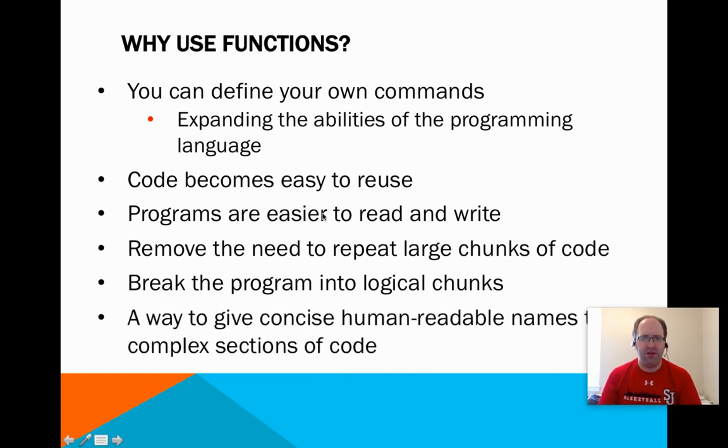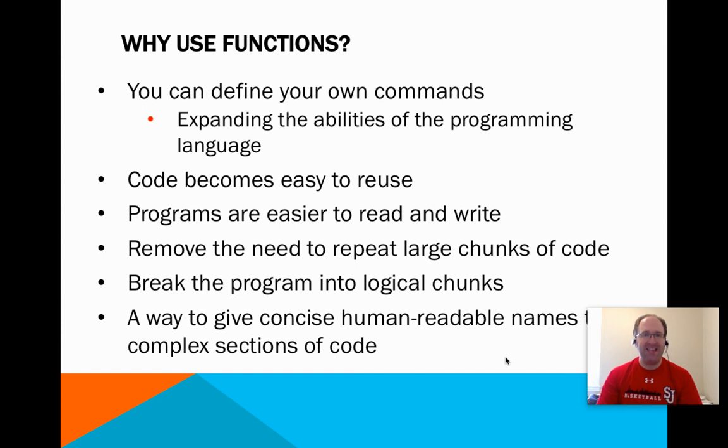Kind of going along the lines of making it easier to read and write, it gives a way to add concise, human-readable names to complex selections of code. Yes, the computer has to understand the code, and ultimately the computer is the one doing the work, but we have to allow a human to be able to look at, read, and understand the function. So the more readable, descriptive names you can give to the parts of your programs, the better.